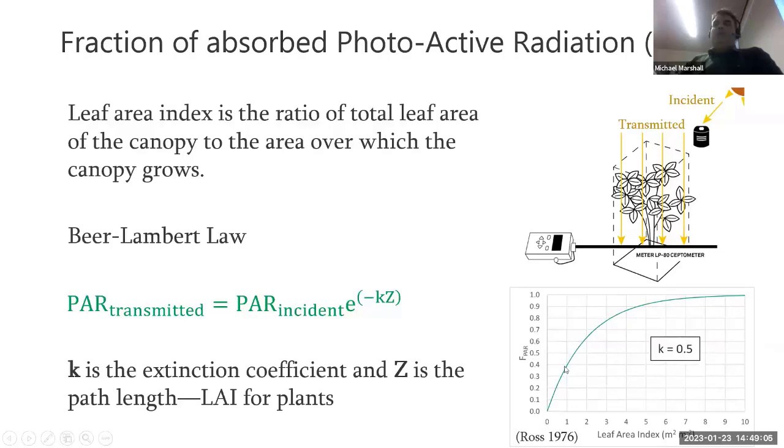So basically as leaf area index increases, that means there's more stuff in the canopy. The fraction of photosynthetically active radiation is going up because more stuff absorbs more light. Hopefully a straightforward process, but this is super important for understanding light use controls on crop biomass accumulation and yield.